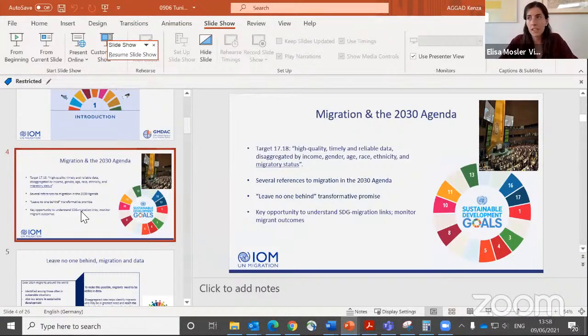And this is a key recognition at the global level that disaggregating data, in other words, categorizing data by different population subgroups, in this case, whether someone is a migrant or not, is a key first step to making more evidence-based and inclusive policy when it comes to development. Next slide, please.